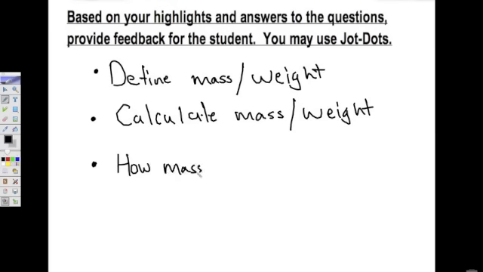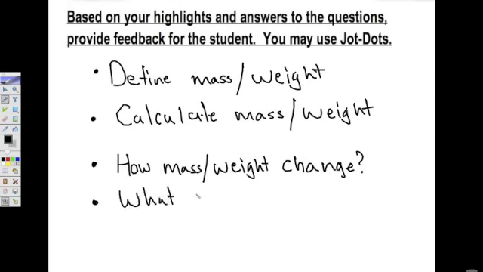And so I would ask the student, how does mass and weight change? That's one question we could ask the student. We could also ask the student, what does weight depend on?